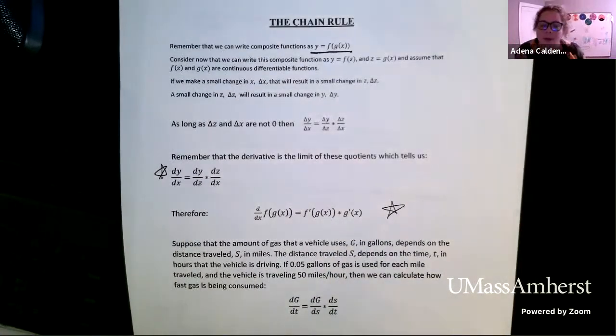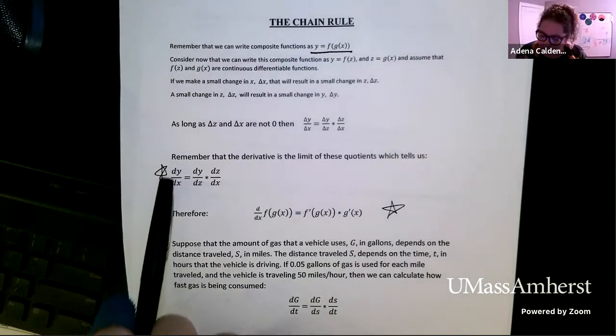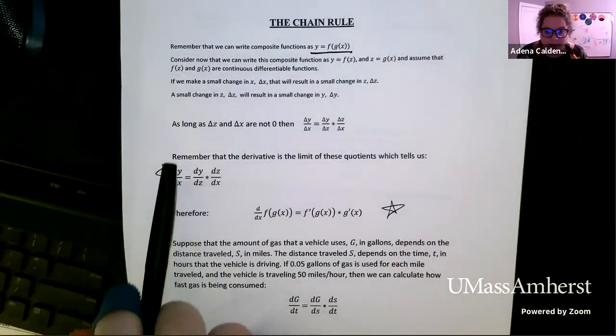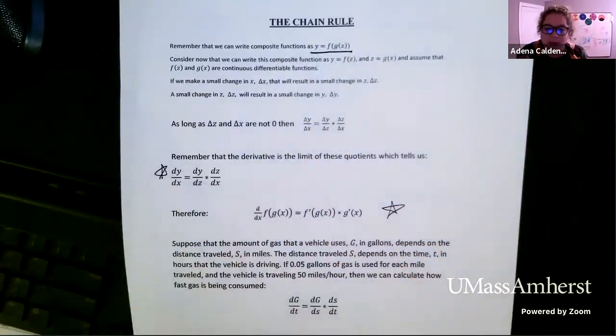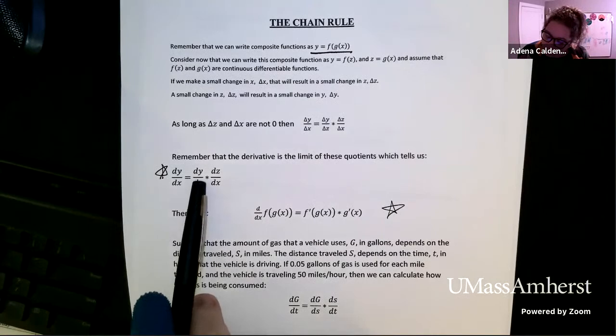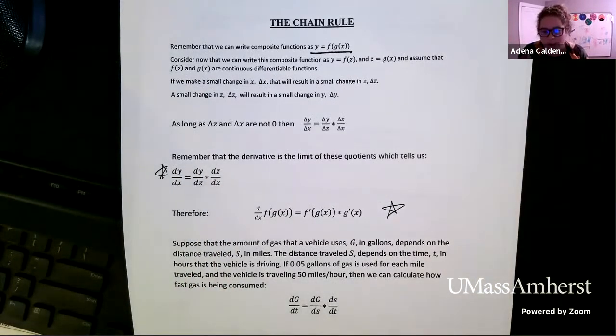What you need to know is that if we are thinking about finding the derivative of y with respect to x, and our function is a composite function like this, then we can split it up into two different derivatives and multiply them together, much like we do with fractions. And we're going to look at an example down here in a minute.